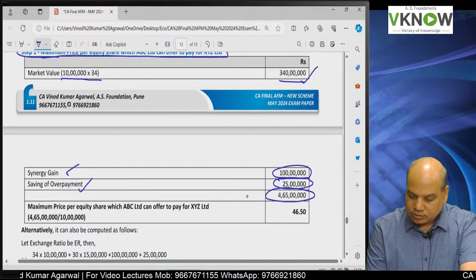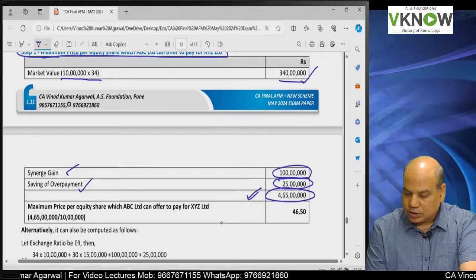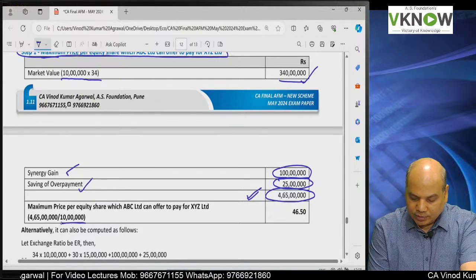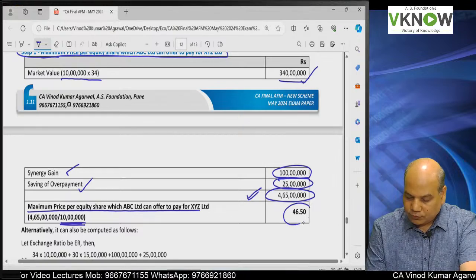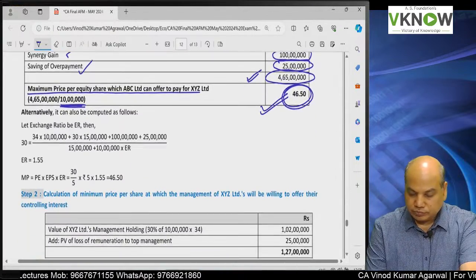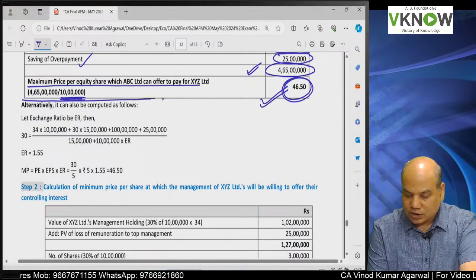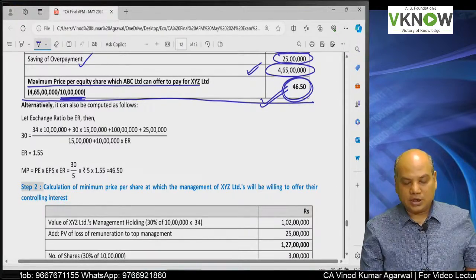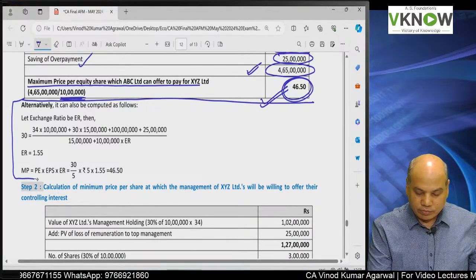Check the total, 4 crore 65 lakh, and divide by 10 lakh shares. That is the maximum price, 46.50 rupees per share.